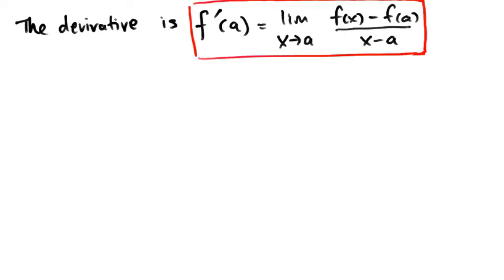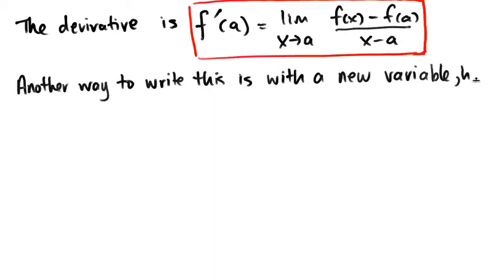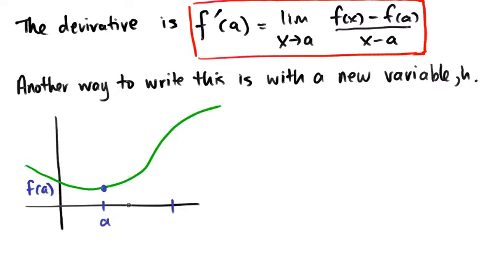Another way to write this is using a new variable h, and here's the associated picture. We now let h stand for the distance we travel from a to our new point. So that's now a plus h. f of a is the y value, and our new point is f evaluated at a plus h. And there's your secant line.